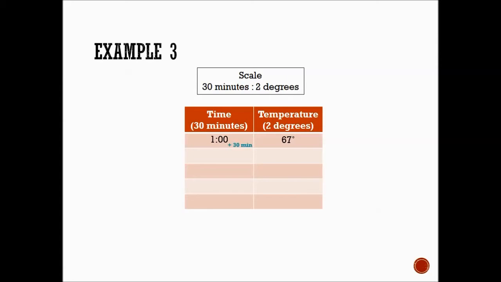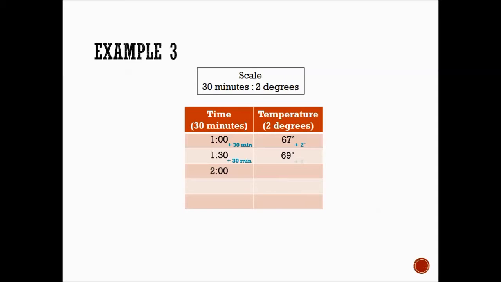Increasing the time, 1 o'clock, by 30 minutes, we arrive at 1:30, the time it is now. Adding 2 degrees to 67 degrees gives us 69 degrees. Is it warm enough for Samantha and Jerome to play in the pool? Not yet. Let's add 30 minutes again.